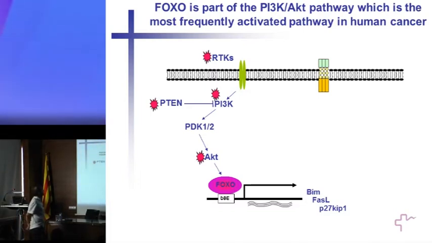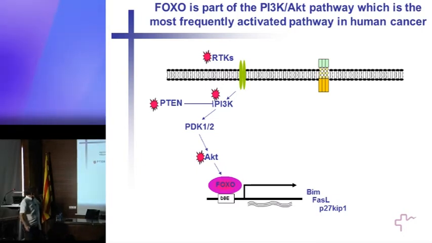And Foxo proteins are part of the PI3 kinase AKT pathway, which is nowadays considered the most frequently activated pathway in human cancer. And there are genetic and epigenetic alterations all along the pathway, most prominently within the tumor suppressor gene PTEN and the oncokinase PI3 kinase.